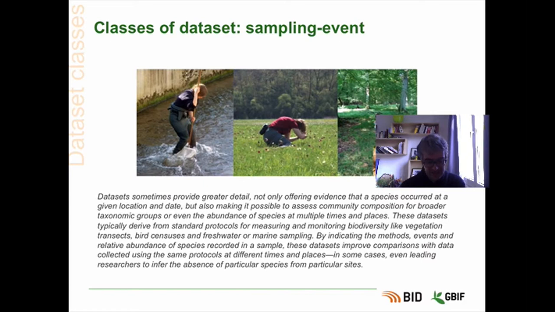In such datasets, the main entity is a sampling event with attached information such as the relative abundance of several species, but also environmental data, and for example, the description of the protocol that was used.